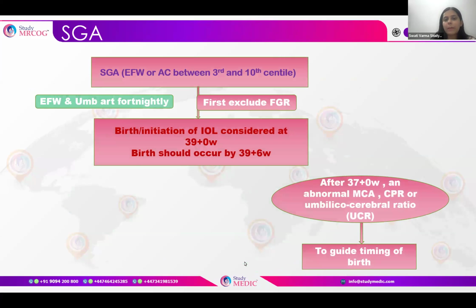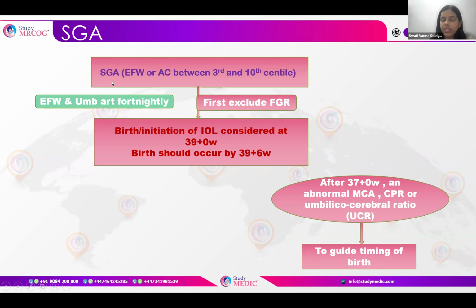Now, first, let's see what happens in SGA. SGA is somewhat benign. It's not very pathological. So we can go on till 39 to 39 plus 6. After excluding FGR, at all times, we have to keep on excluding any Doppler abnormality, because if any Doppler abnormality occurs, she will jump to the category of FGR and then surveillance will be according to that.